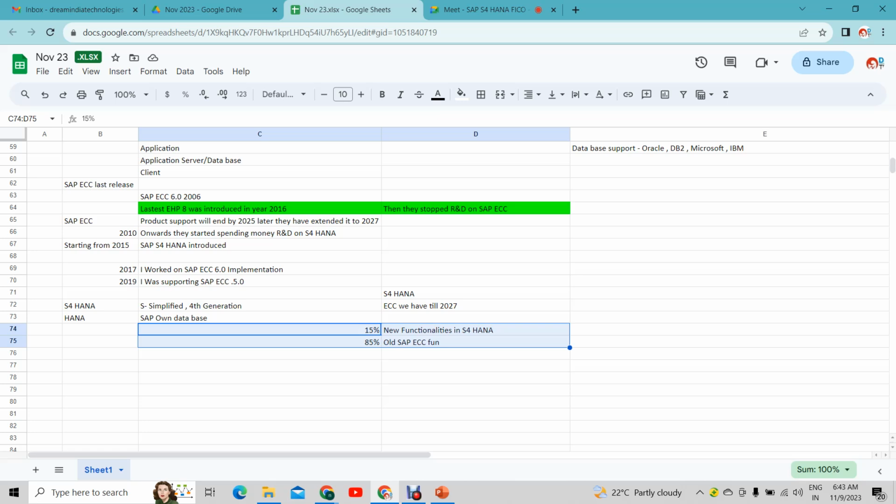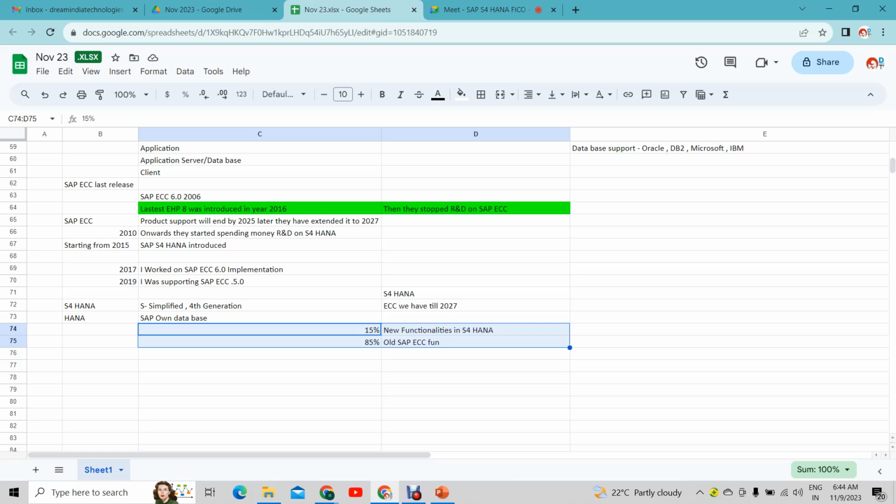That is the reason in the market there was confusion whether I need to learn SAP ECC or S4 HANA. What is the right choice? Now you guys know it, right? Maybe so far you didn't know these differences, maybe somebody knows, but going forward you should have clarity. Got it? Understood?